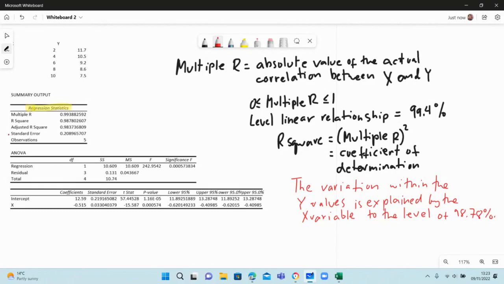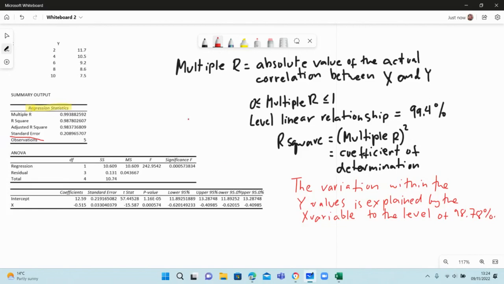And the standard error indicated here can be thought of as some kind of average distance between the actual y values and the predicted y values as given by the regression model.